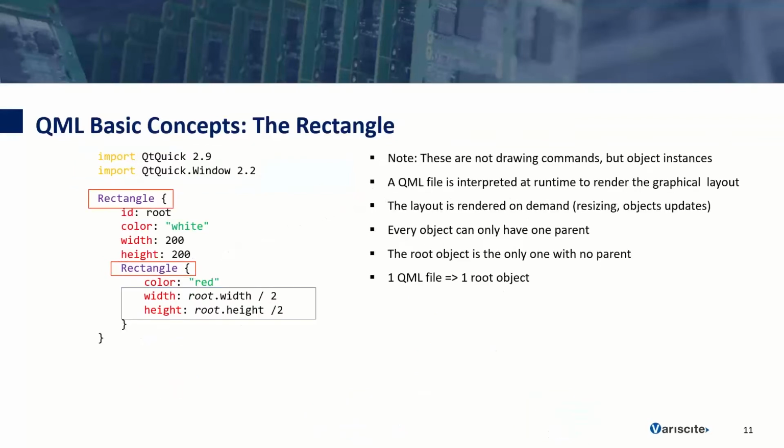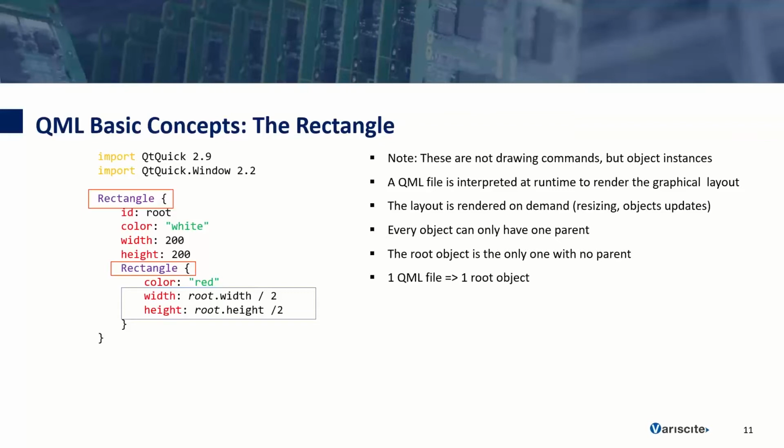Let's start now understanding also the philosophy. Just remember that here we are not providing drawing commands. We are just describing the graphic. The runtime engine, every time that an event causes a change in the layout, parses the QML again and refreshes it.